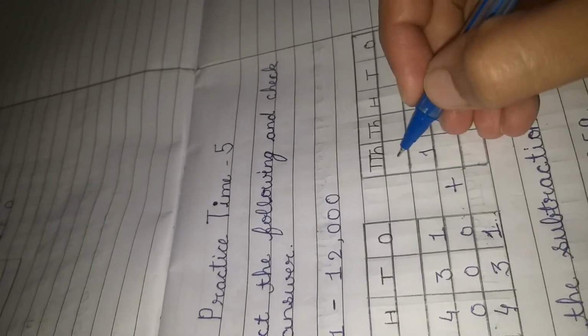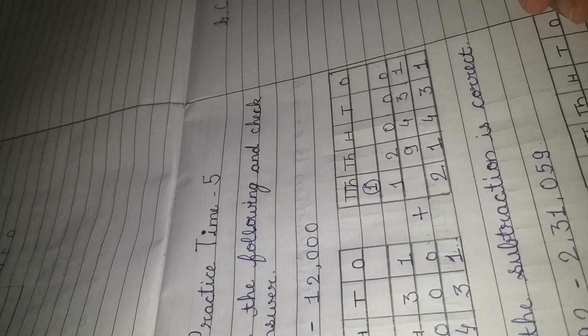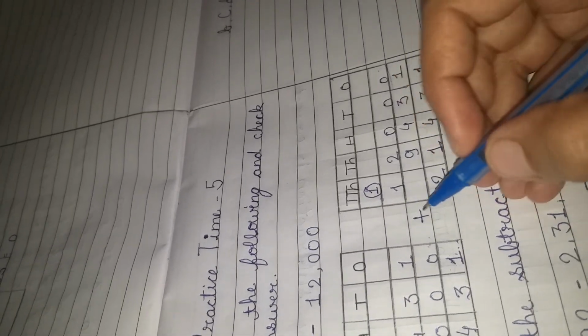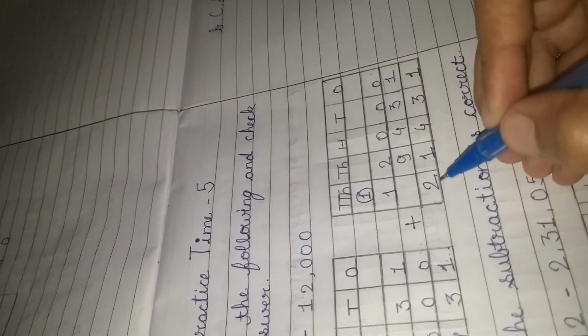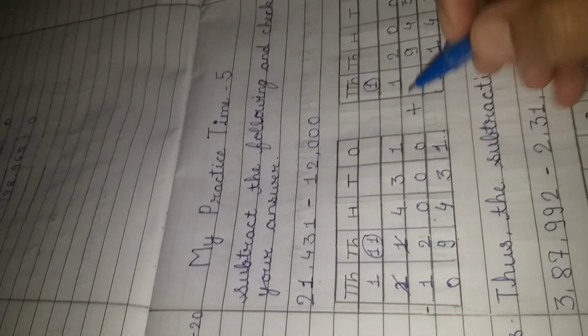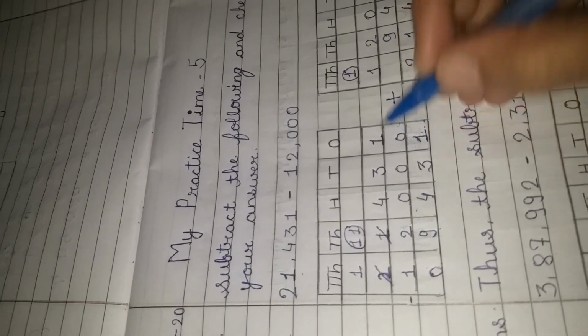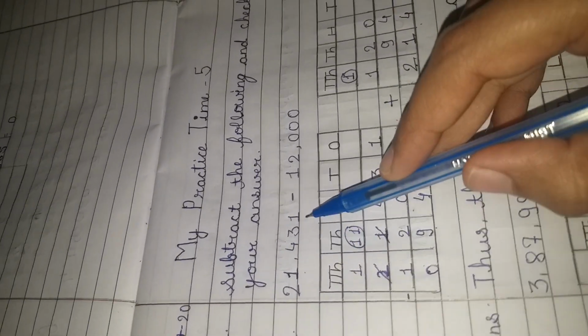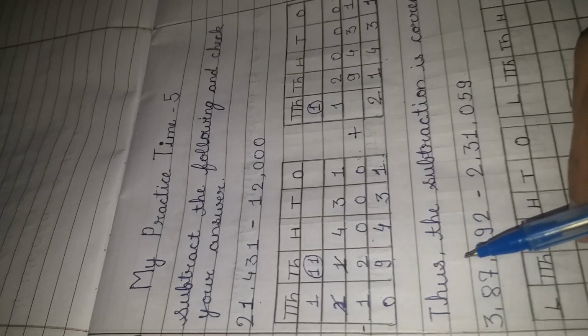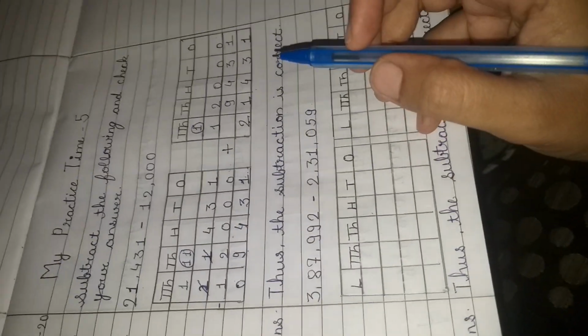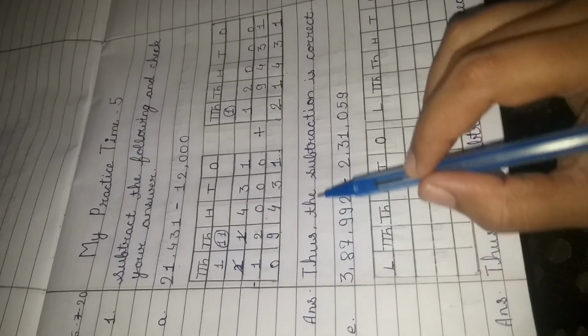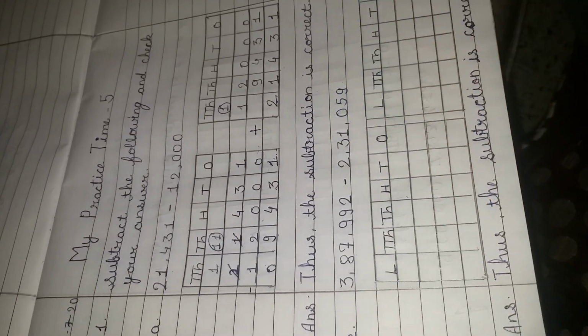So 1 we are going to write here and 1 will be carried over. 1 plus 1, 2. So students, now here we can see that the answer is our minuend. That means the answer is our first number. So that means the subtraction is correct. Okay, so you are going to write now: answer, thus the subtraction is correct.